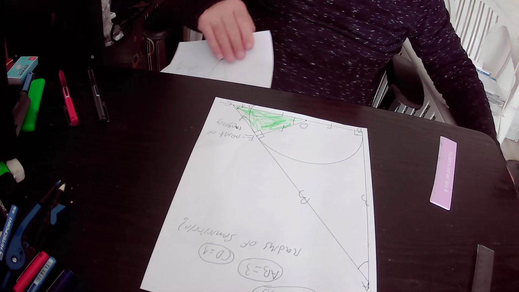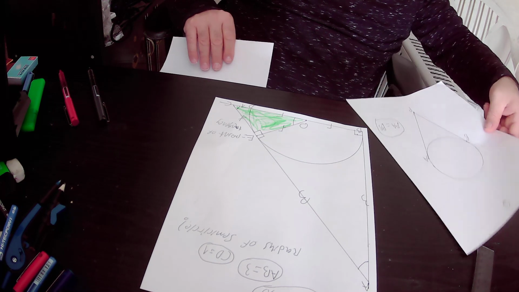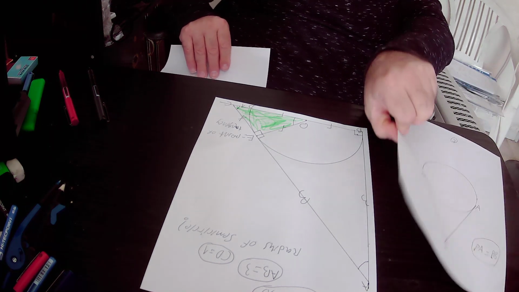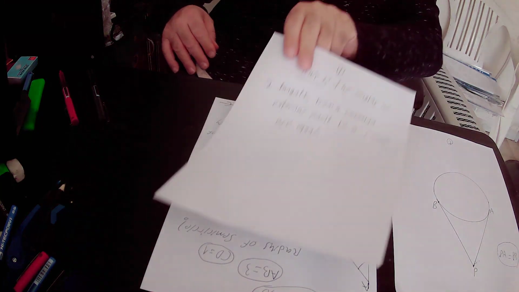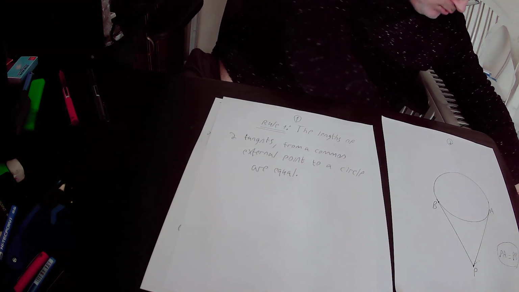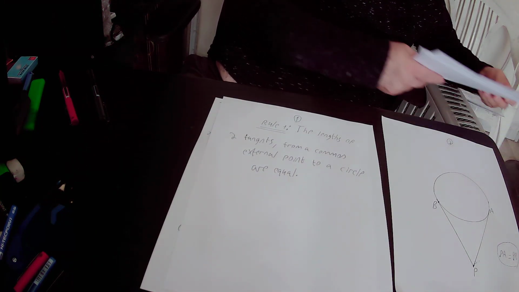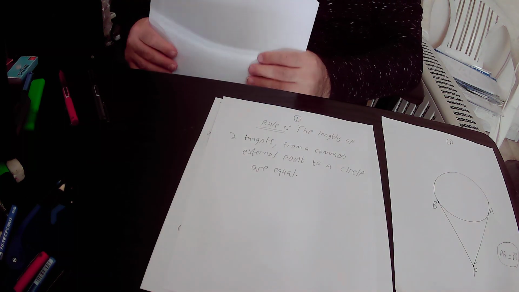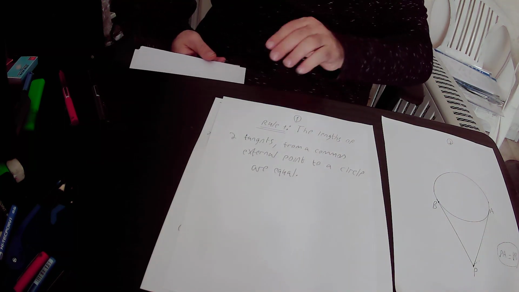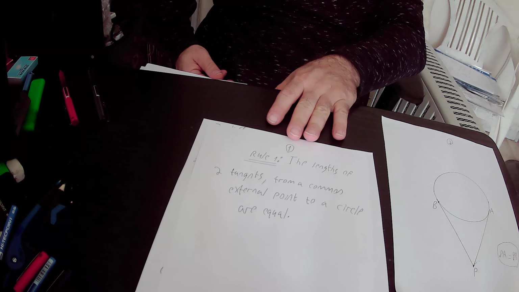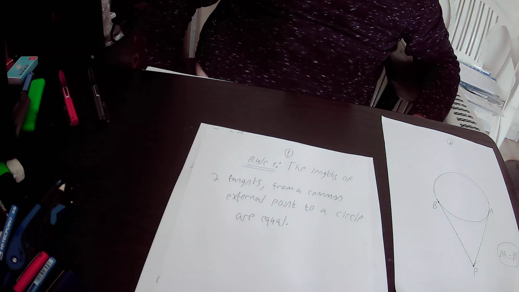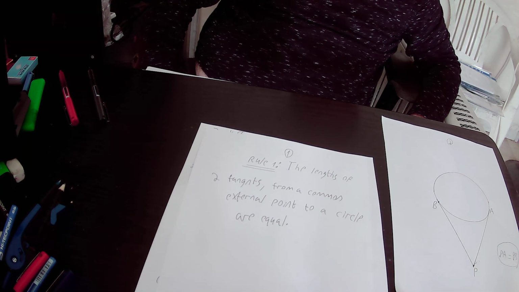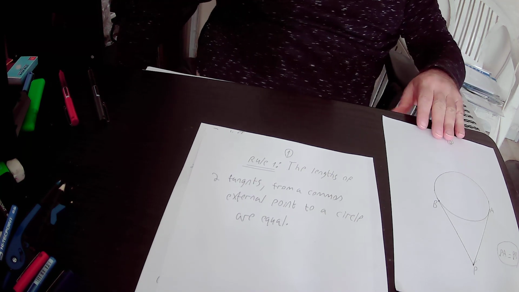So I will repeat again on rule number 1. According to rule number 1, the lengths of 2 tangents from a common external point to a circle are equal. So what is the meaning of rule number 1?